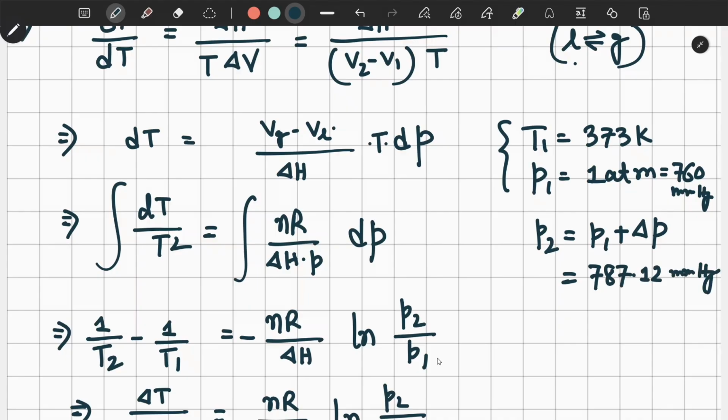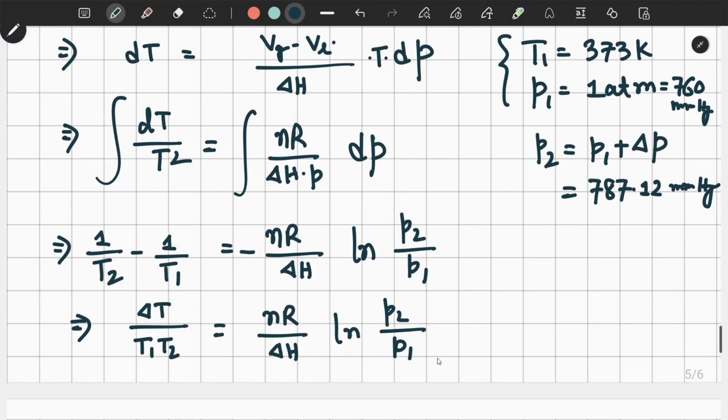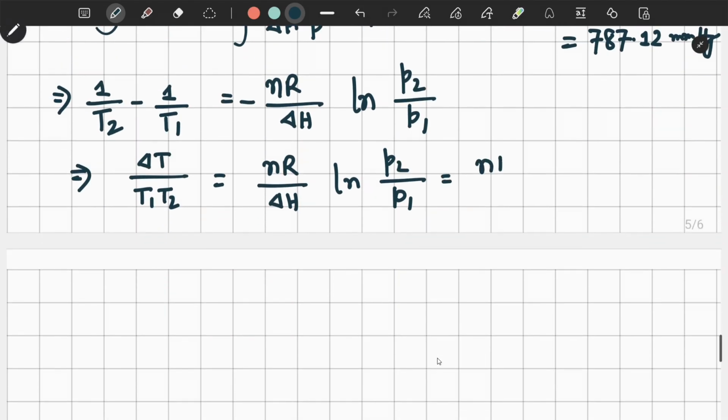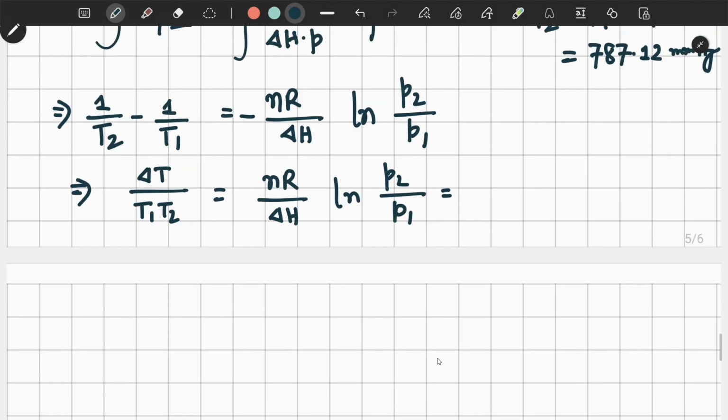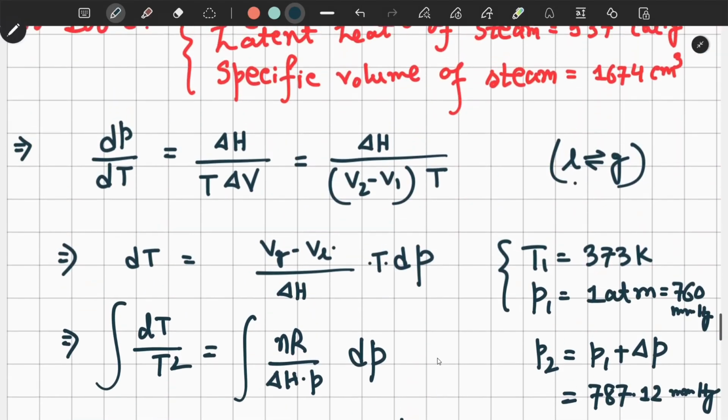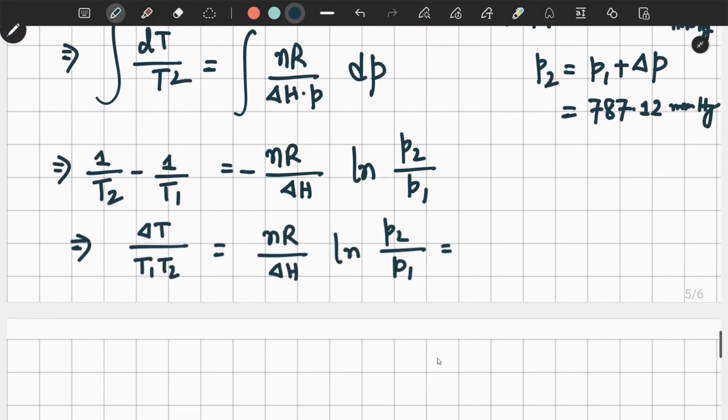So P2 and P1 is given. So you can write it as nR. n is 1, let's say. R is given. This will be unitless anyway, so only R will give the unit. Delta H is given in calorie, so it's better to use R in calorie.